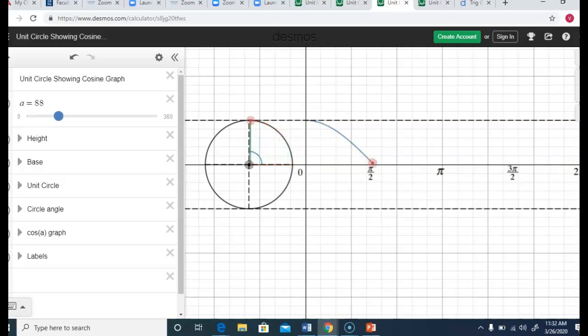Okay, when we get up here to the top of the unit circle, we're going to be at 0 on the actual graph itself. When we move on around to pi on the unit circle, then you can see our x-coordinate would be negative 1. If we move on around to 3 pi over 2, then the x-coordinate is going to be 0 again. And if we move back around to 2 pi, the x-coordinate is going to be 1 again. So we end up where we started because of the periodic nature of the function.